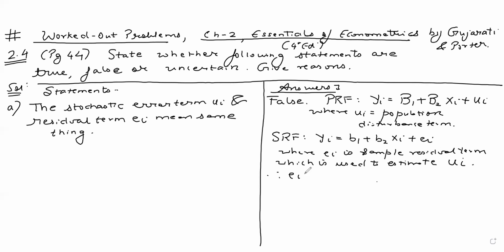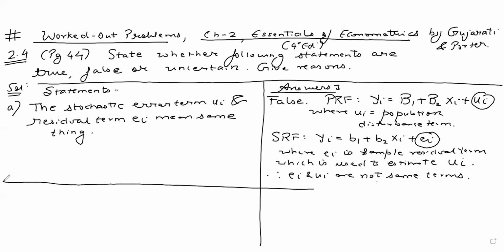So therefore, ei and ui are not the same terms. We can say that ei from the sample is used to estimate ui, which is in the population. Okay, so hoping students have understood this.